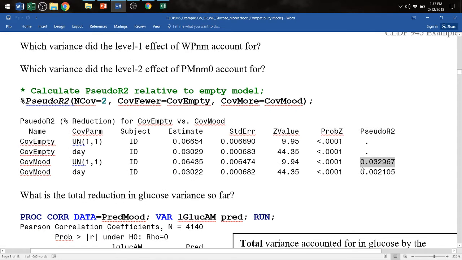So to put those in perspective, how much of the variance in glucose was due to level 2 between in the first place? Do you remember? 69%. So of the 69% of the variance in glucose that was between persons level 2, we have 3.3% of that accounted for by person differences in grumpiness.